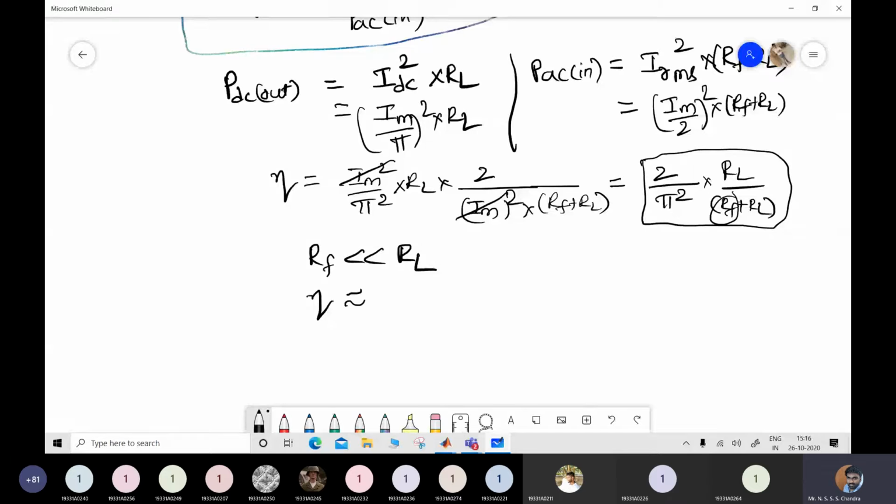So eta will be nearly equal to 2 by pi square. It implies percentage rectifier efficiency is equal to 2 by pi square into 100. Now use your calculator and tell me the value of 2 by pi square.